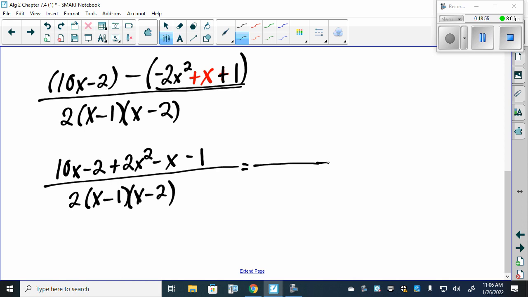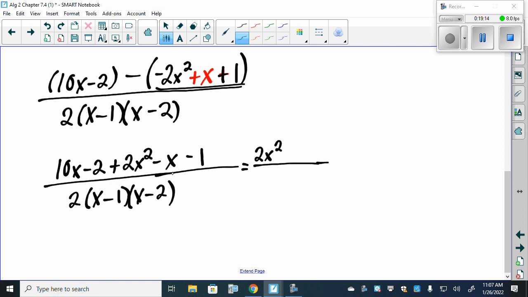So the last two things we need to do: one is we need to combine like terms in the numerator, then see if it's factorable and simplify where needed. Well, 2x squared is by itself. There's no other variable with an x squared.